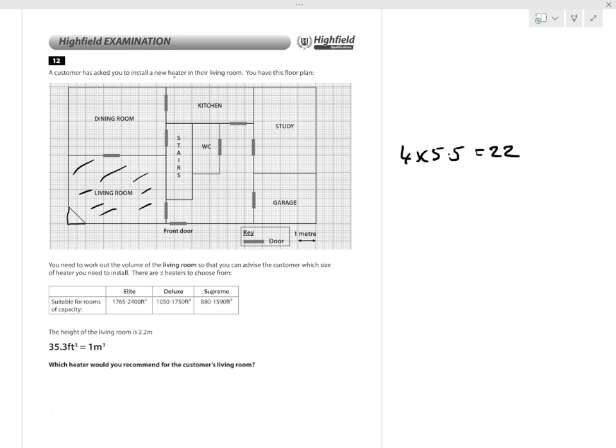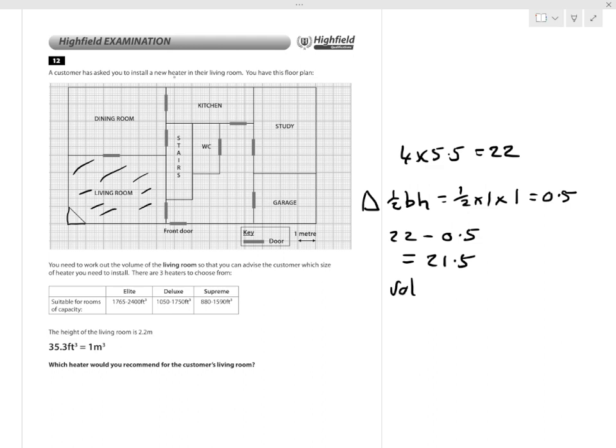Now the area of that little triangle there is half base times height, which equals a half times the base, which is 1, times the height, which is 1. So 1 times 1 is 1, half of that is 0.5. So take away that, 22 take away 0.5 gives me an area of 21.5.